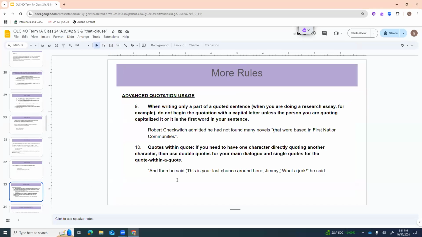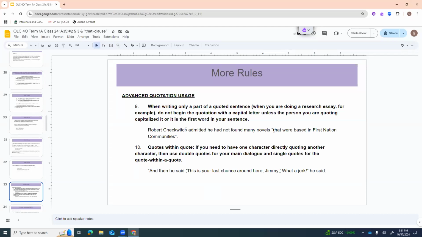All right, now this is super tricky stuff. It does come up a little bit in this course, but this is kind of more advanced. When you are writing a quote that's only part of a sentence, like if you're doing a research essay, don't begin that quote with a capital letter unless the person you're quoting from had it as a capital or it's the very first word in your sentence.